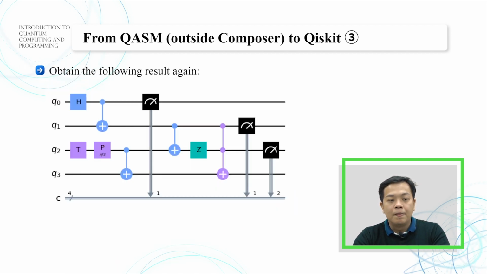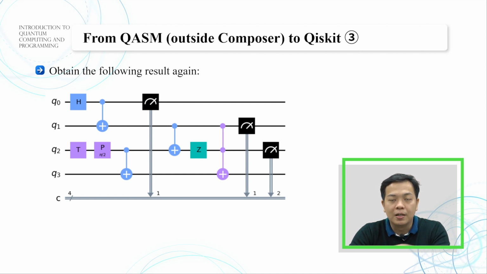Okay, that's all. Actually, there are two things in this lesson. First, you can switch between QASM and Qiskit code very easily in the Quantum Composer from IBM. If you want to do that in Google Colab, you need to add 7 lines of code, like in our lesson.